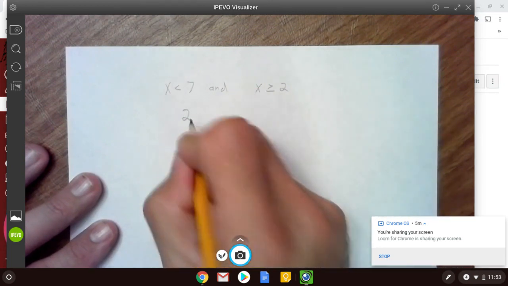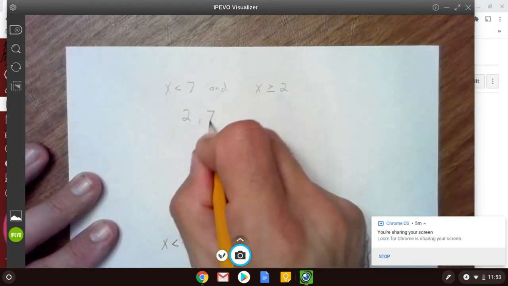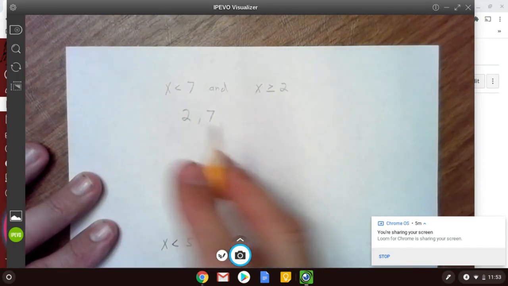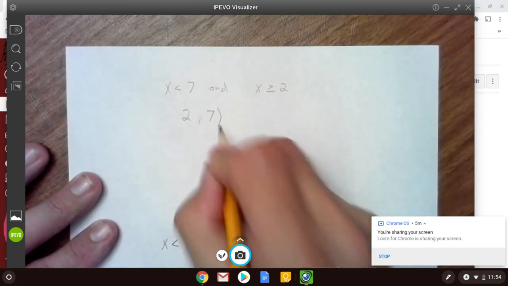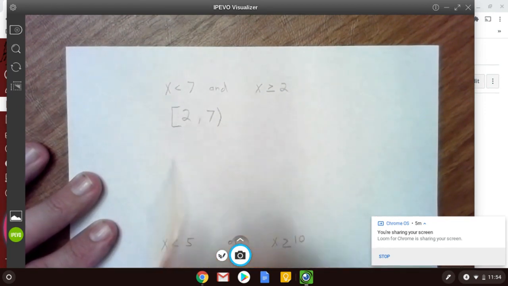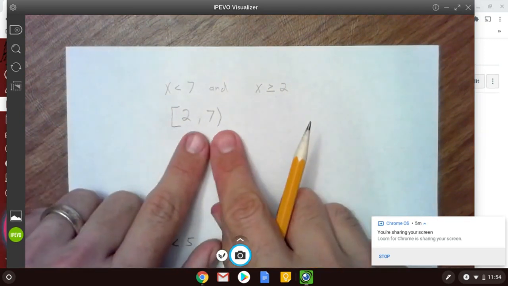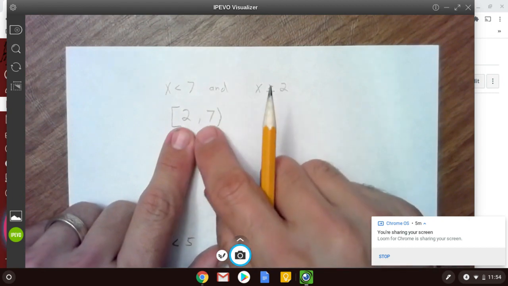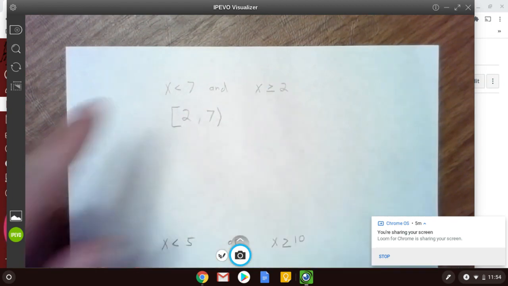All right, so 2 and 7. Okay, and we've got an open dot at 7, so it's going to be parentheses, and a closed dot at 2, so it's going to be a bracket. So this describes those numbers. They're greater than or equal to 2, and they are less than 7.